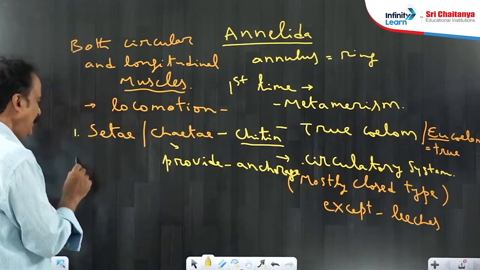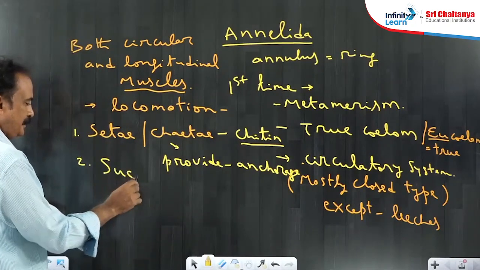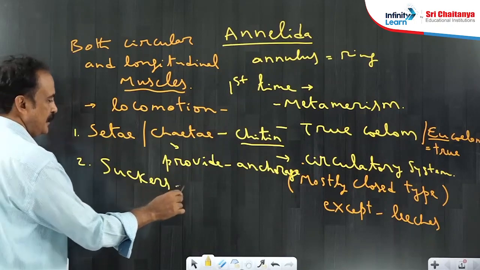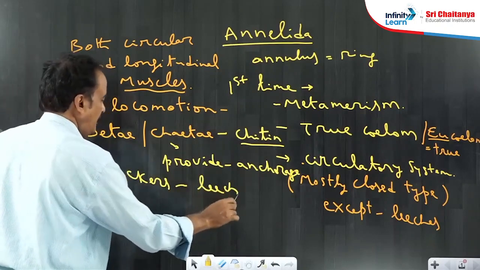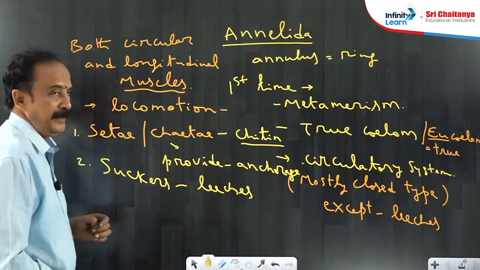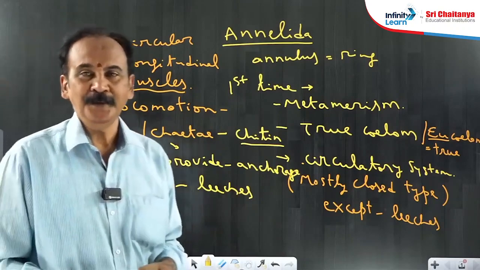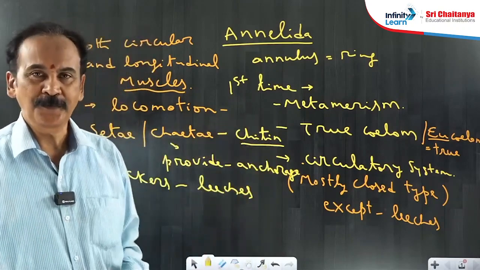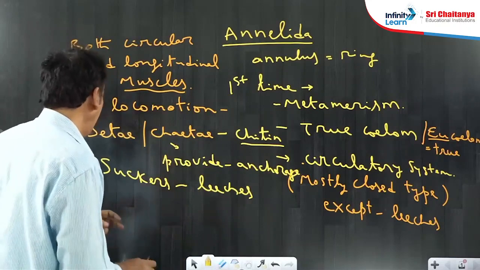And they have structures called suckers. For example, in leeches, the suckers help in attaching to the host as well as to the surfaces where it moves.